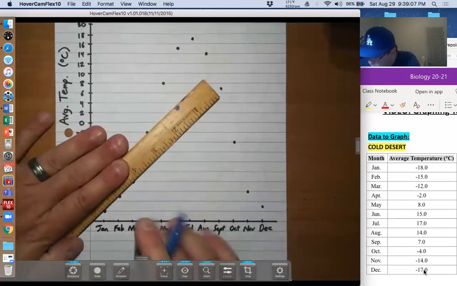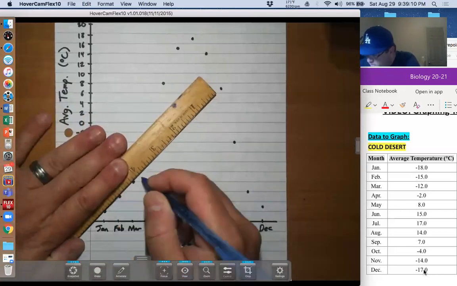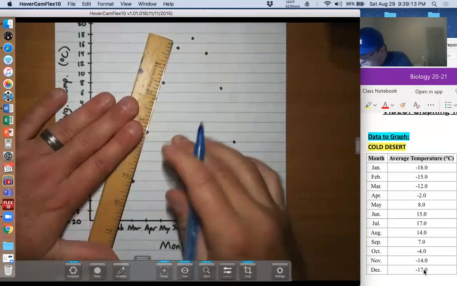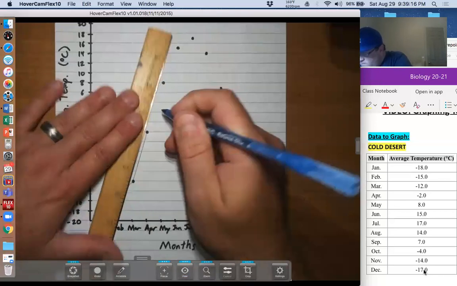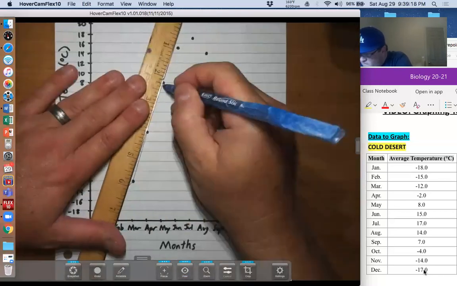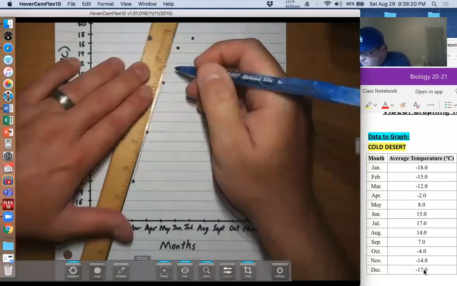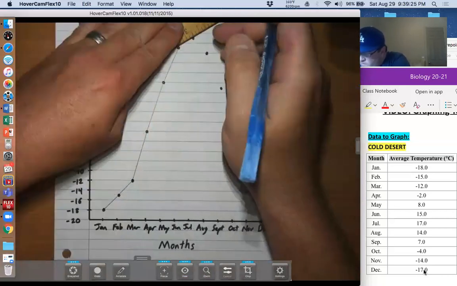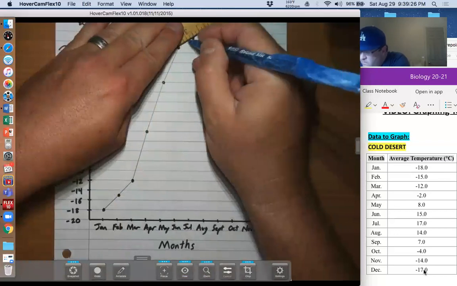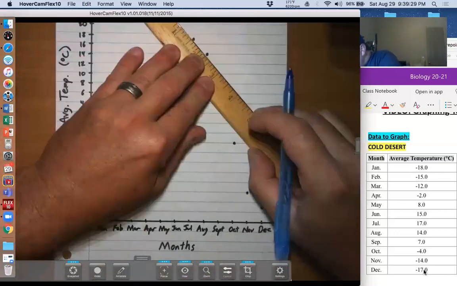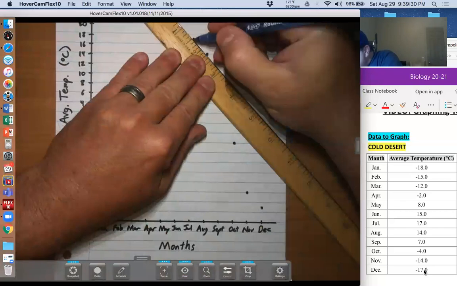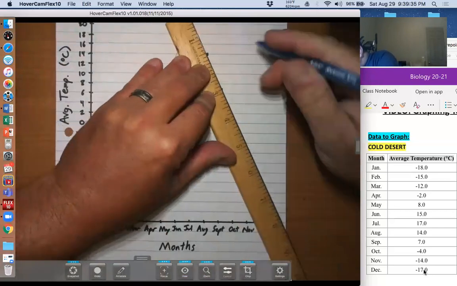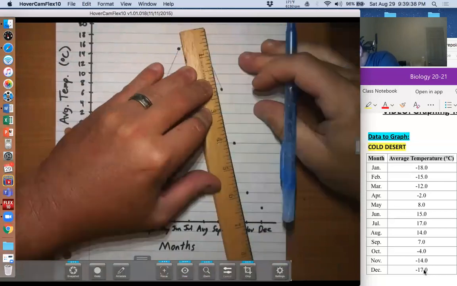Okay, so just connect my dots like so. I'm a little off with my connections, but I think you get the basic idea.